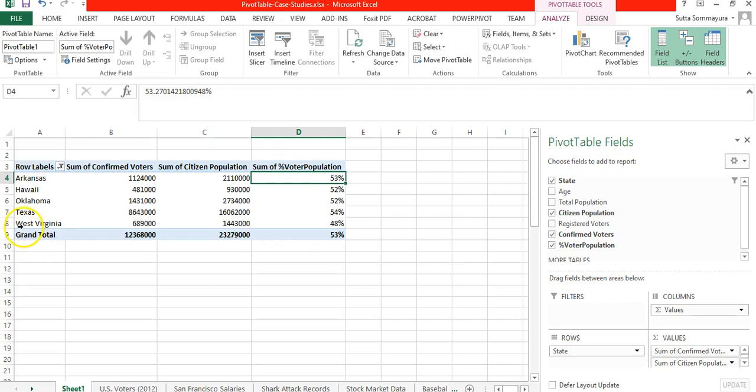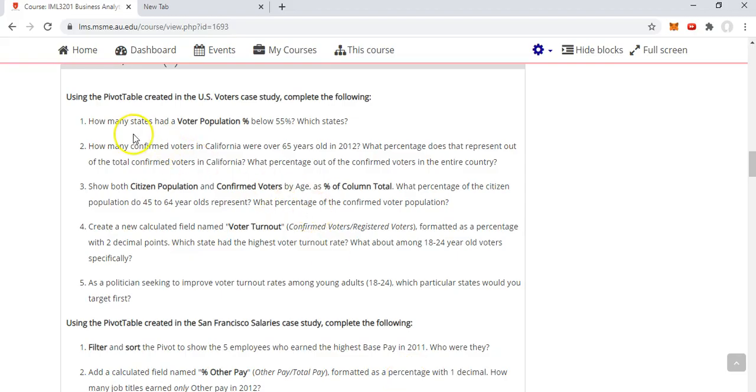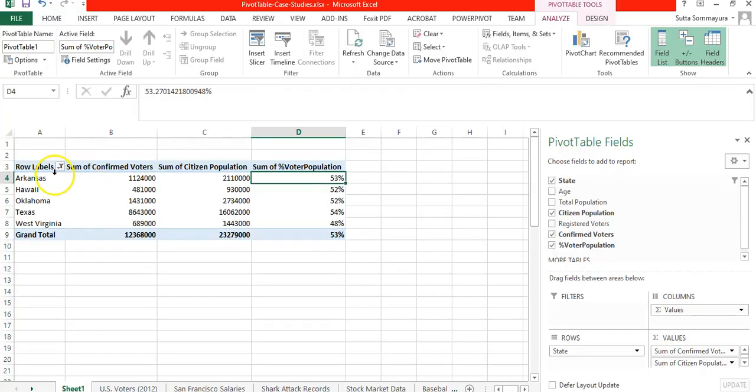There are five states. The answer for how many states is 5. And which states? The answer is Arkansas, Hawaii, Oklahoma, Texas, and Virginia.